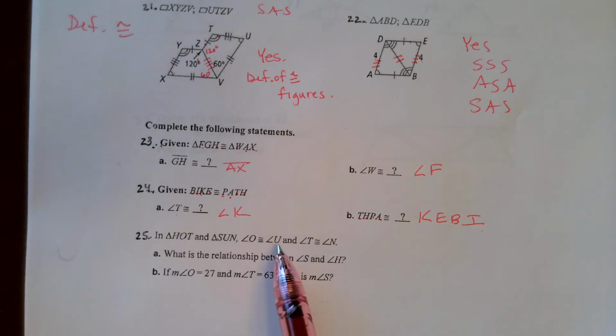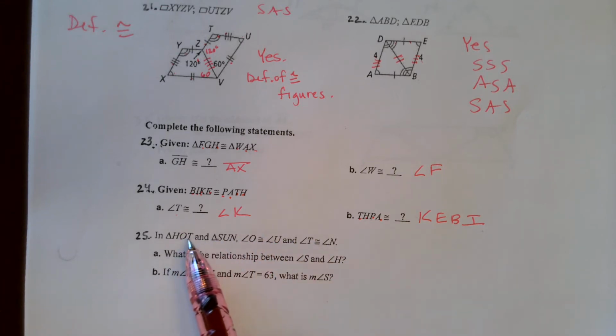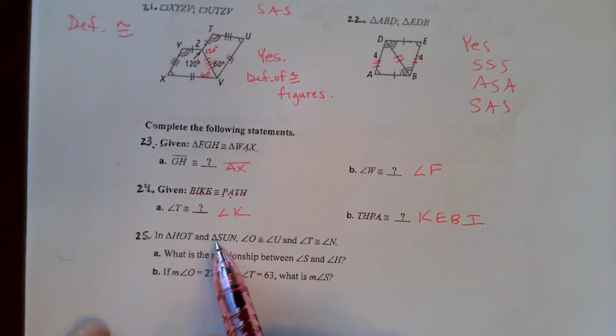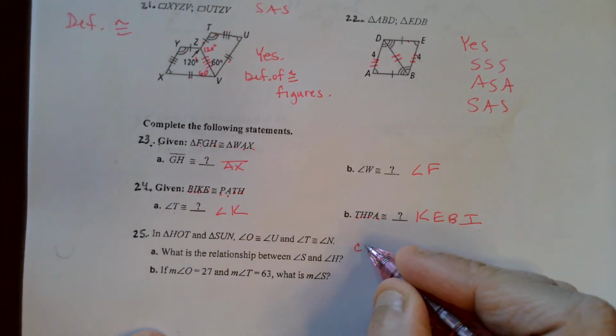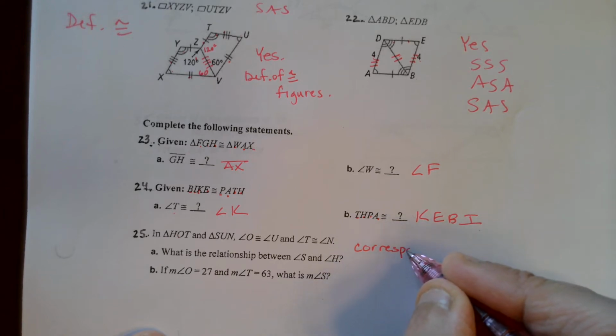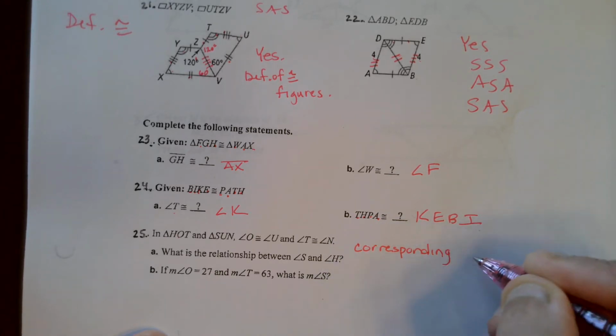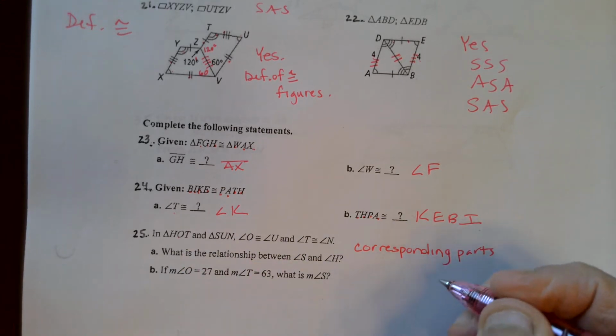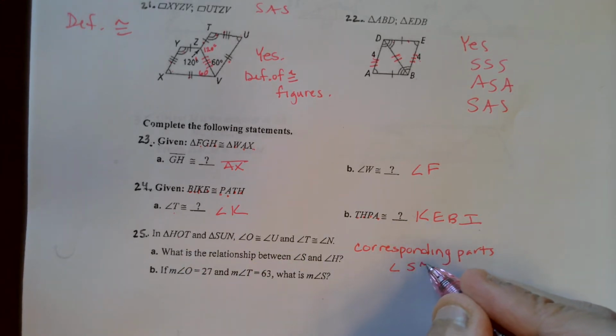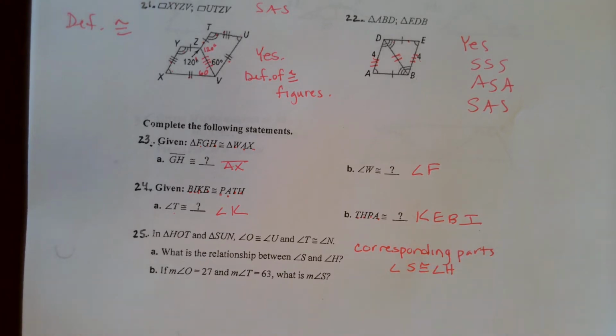Triangle hot, triangle sun. O is congruent to U, and T, of course, is congruent to N. What's the relationship between S and H? Well, S and H are corresponding parts, not corresponding angles. I mean, they are actually angles as well, but so we can say they are congruent.